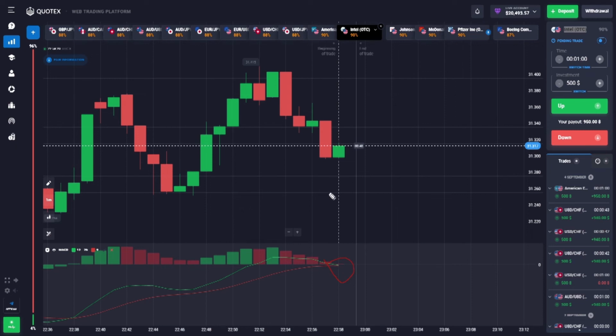Okay, here guys, we see clearly that there will be a cross again between the green line and the red line.